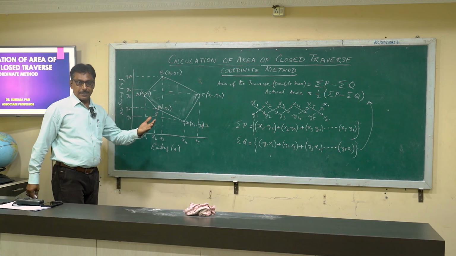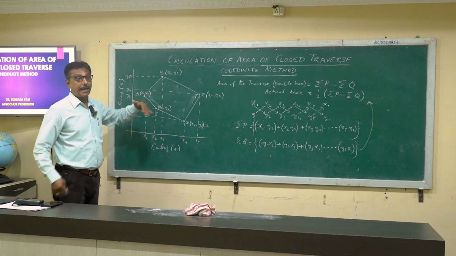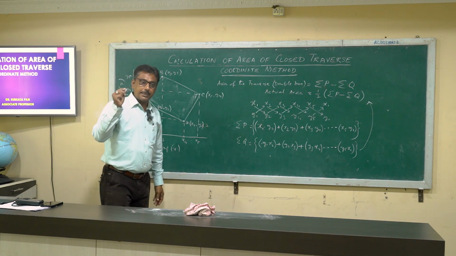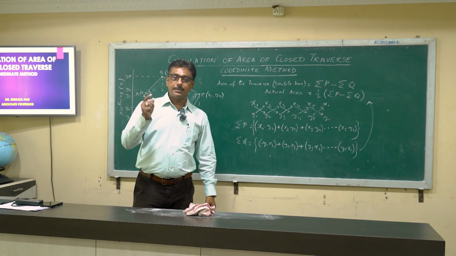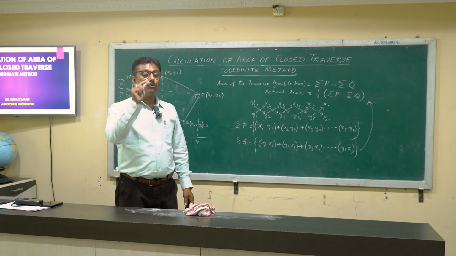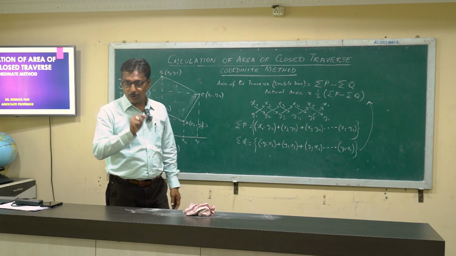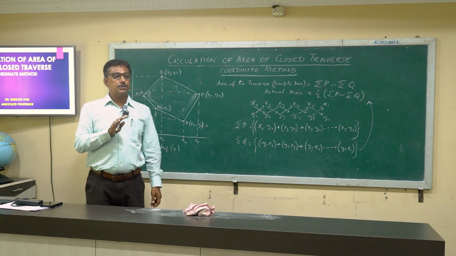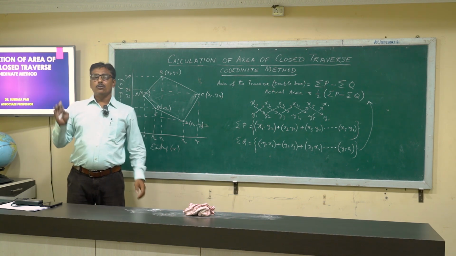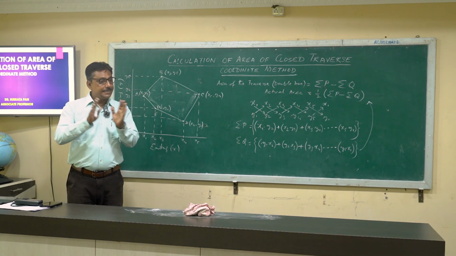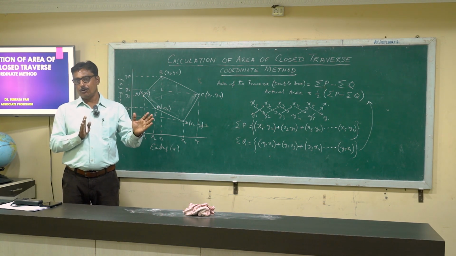Now if we replicate this with values, from a GNSS device, what do we get there? We get the coordinates, x and y coordinates. x means easting and y means northing.